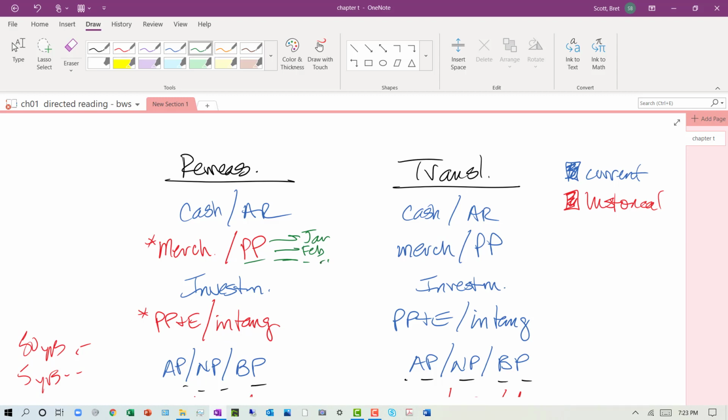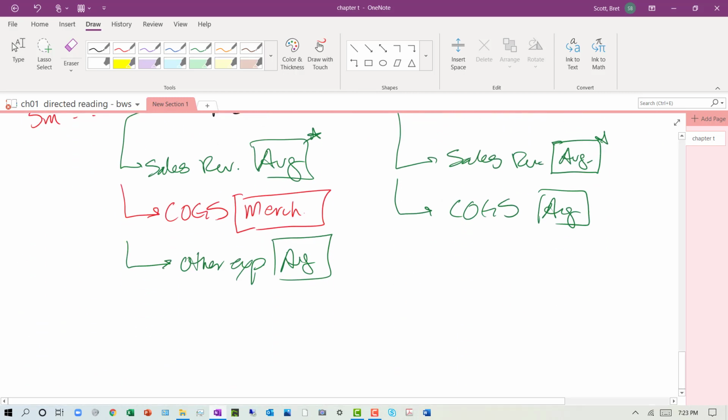So doesn't it make sense to use an average rate? Well, the FASB says, yeah, that's okay. For these other expenses, if they include rent expense or insurance expense, go ahead and use an average rate, because usually those things are expensed systematically throughout the year. Average rate is okay to use, and the same goes for other expenses under translation.